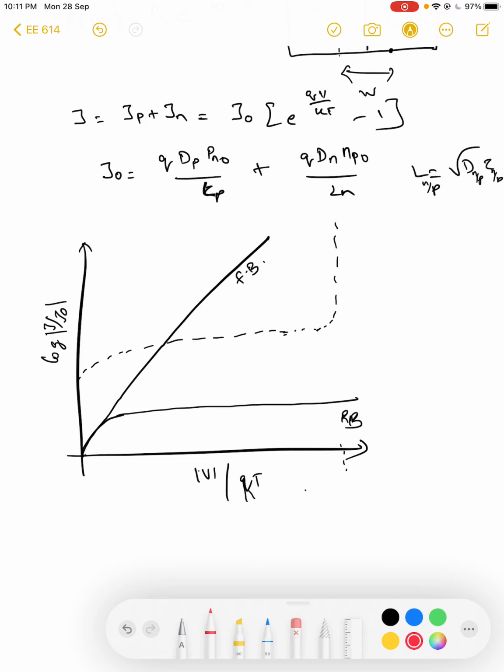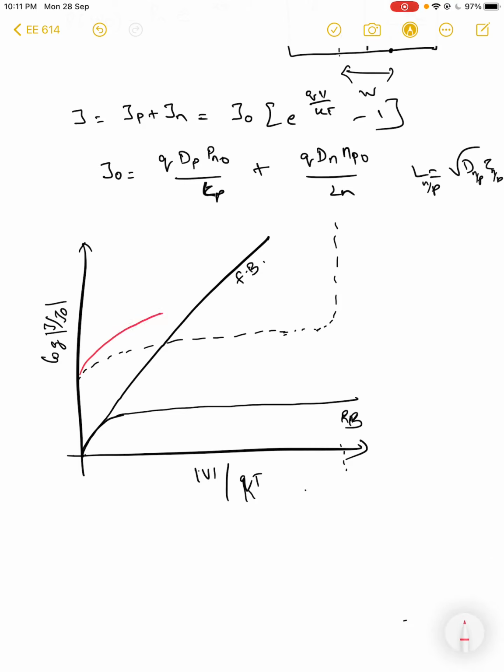It was again larger than the predicted current. For small voltage biases it is like this, and then it matches for some reason, and then there is again a deviation from the ideal diode characteristics. This is again forward bias non-ideal.